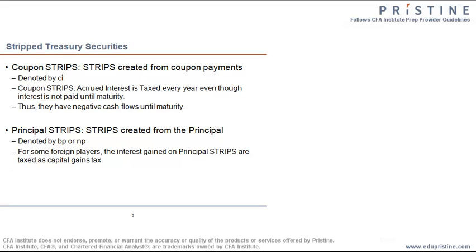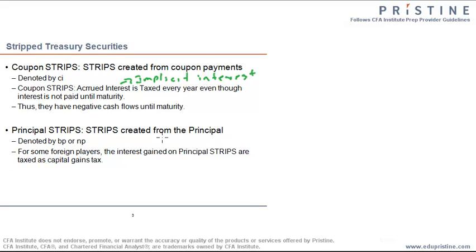So these coupon strips are denoted by using CI, right? And the accrued interest in a coupon strip is taxed, even though the interest is not paid until maturity, because here the gain is the implicit interest, right? Because of this taxation, they'll have negative cash flows until maturity. And the principal strip is denoted by using either BP or NP, right?